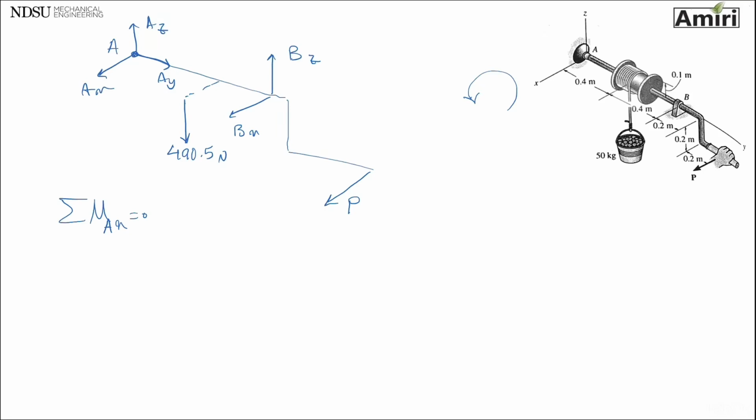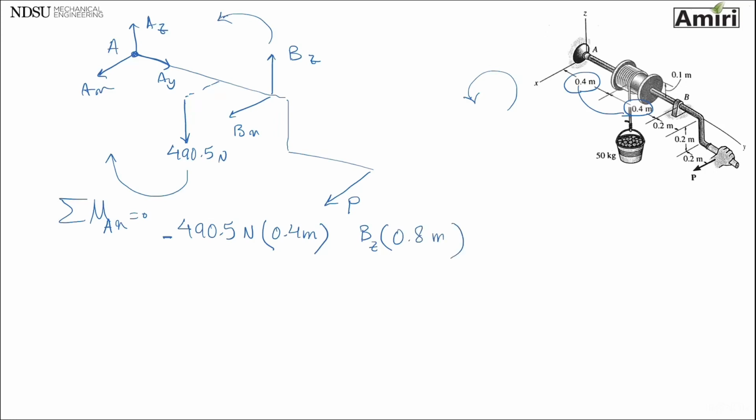This 490 for sure is trying to rotate it this way. If I use right hand rule, my thumb is going to point backwards. X-axis, the distance between this and point A is right there, 0.4 meters. The BZ is also trying to rotate about x-axis. So B sub z at a distance of 0.4 plus 0.4, 0.8 meters.